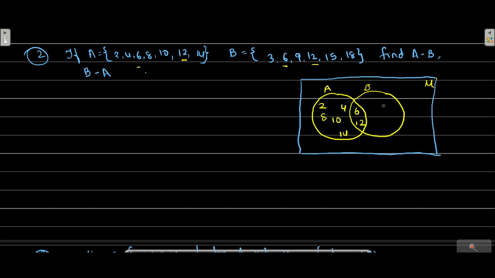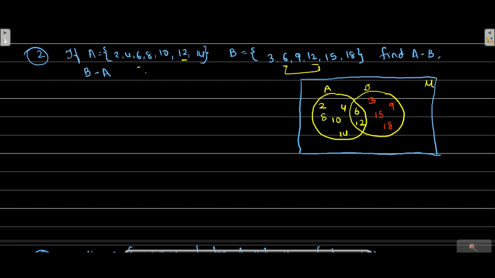Now, look at set B. In this set B also we will leave the common elements and write down the remaining elements. Here in this case the remaining elements are 3, 9, 15 and 18. Why have I suggested writing this in Venn diagram form?